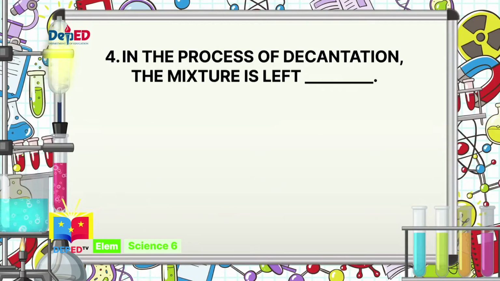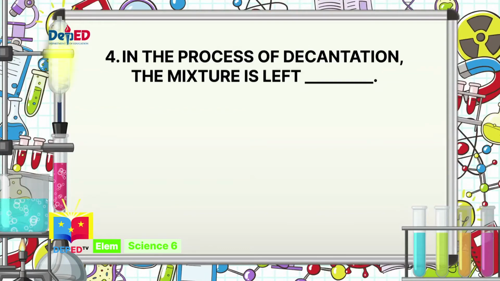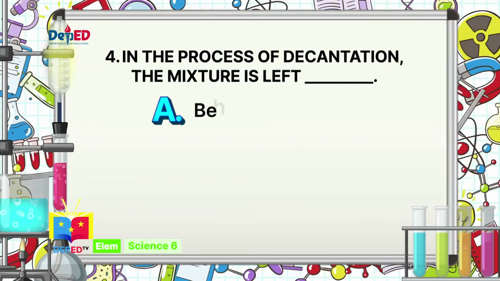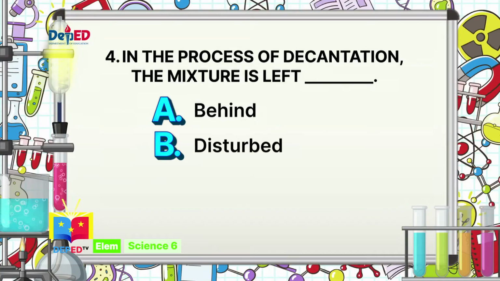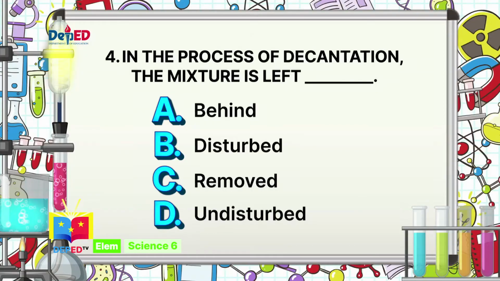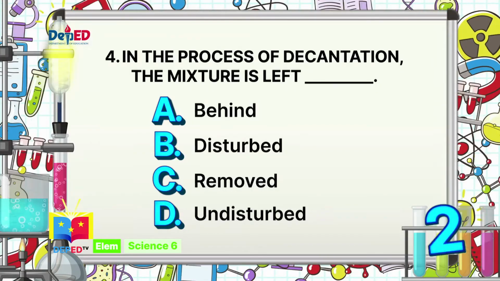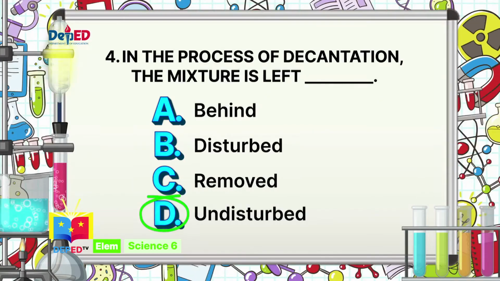Number 4. In the process of decantation, the mixture is left blank. A. Behind. B. Disturbed. C. Removed. D. Undisturbed. The correct answer is D.